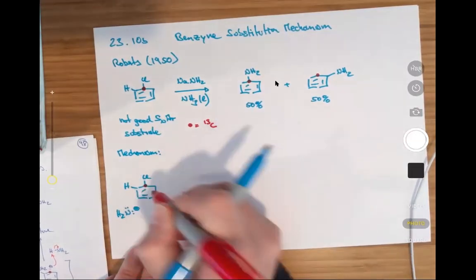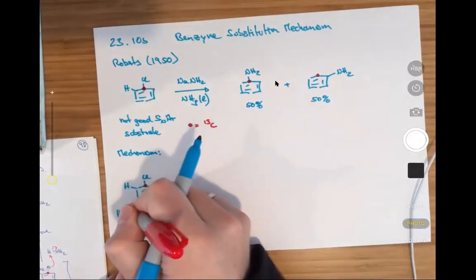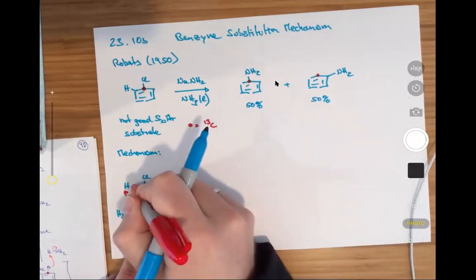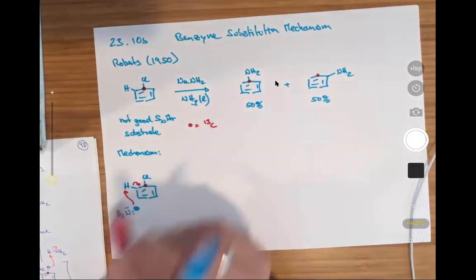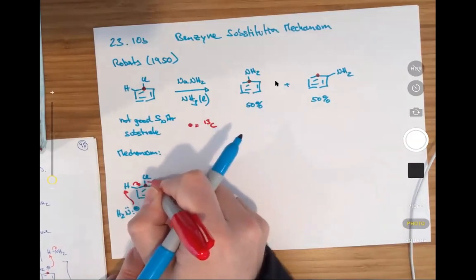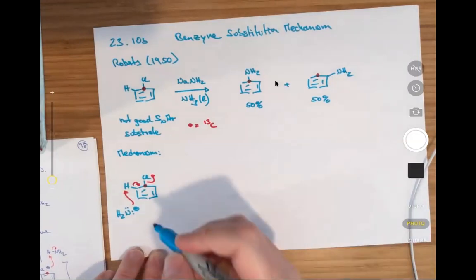I'm going to keep the label here for the C13. This can abstract a proton here, push the electrons over here, and kick out the chloride as a leaving group. So think about this as just a simple elimination from the conjugate base.